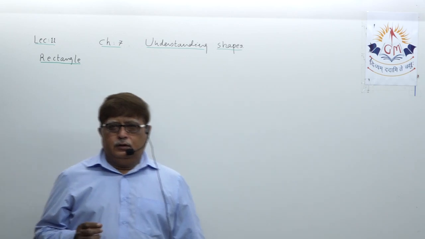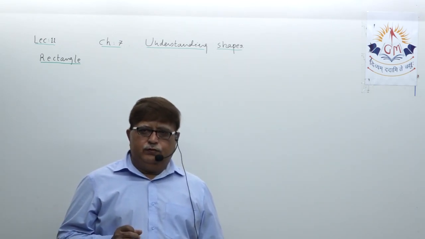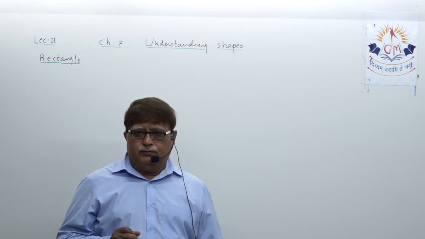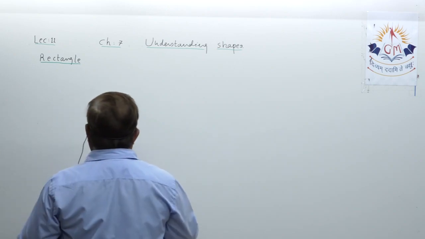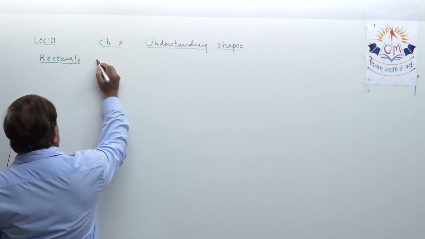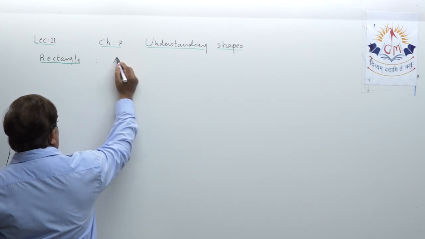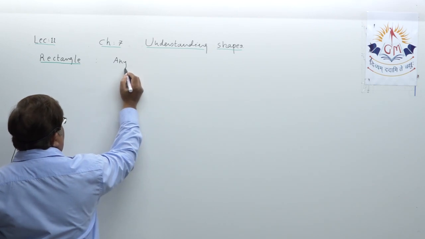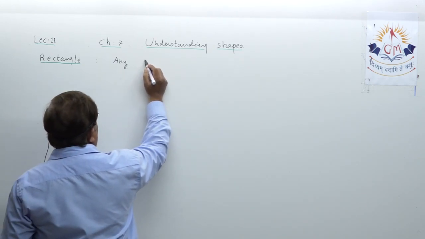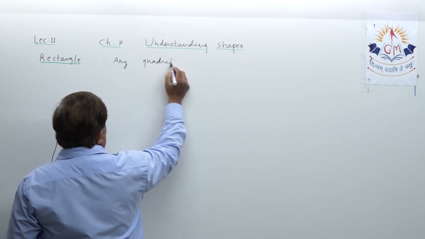Similarly, if you want to understand the definition of a rectangle, how can you define rectangle? The definition for the rectangle goes like this: just note down, any quadrilateral.